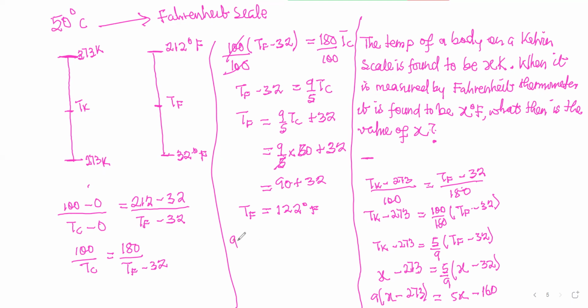Okay, so we have 9X minus 5X, which is equal to, what is 9 times 273? 2,457. 2,457 minus 160.